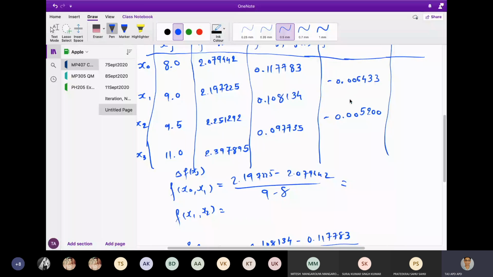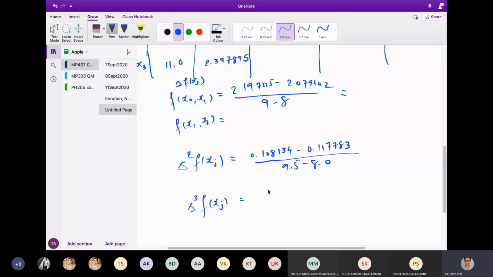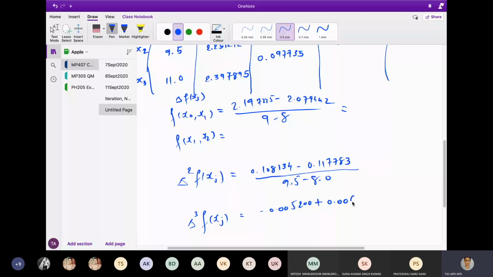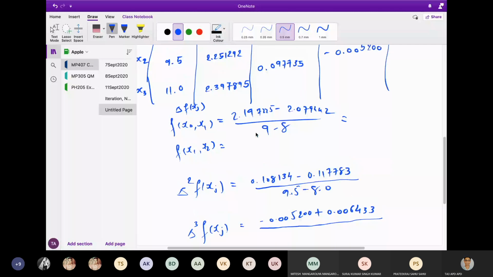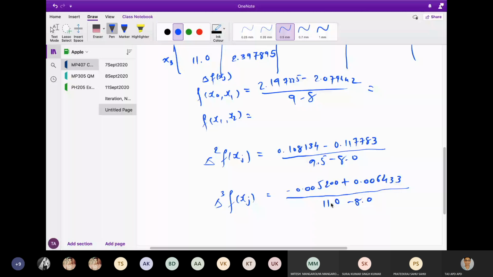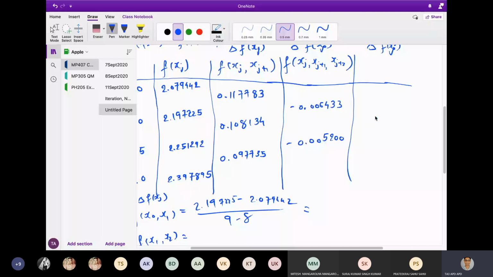So you will have this minus 0.005220 and minus this, so minus minus plus 0.006433, divided by 11 minus 8. 11 minus 8. ठीक है, so ये जो difference होगा interpolated value, that value is somewhere close to 0.000411. Okay, so you just verify on your own all these values.